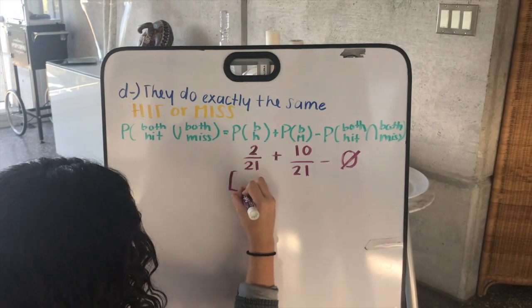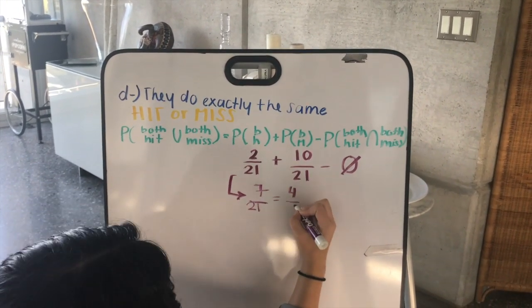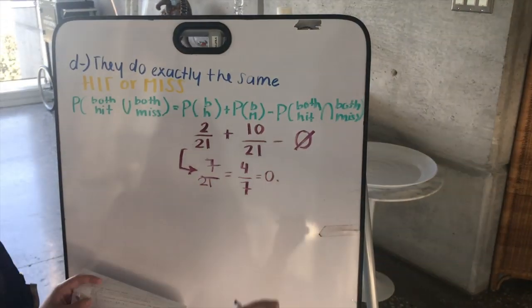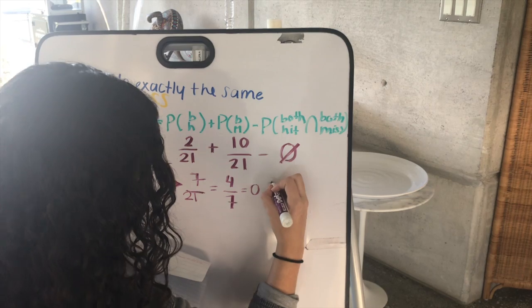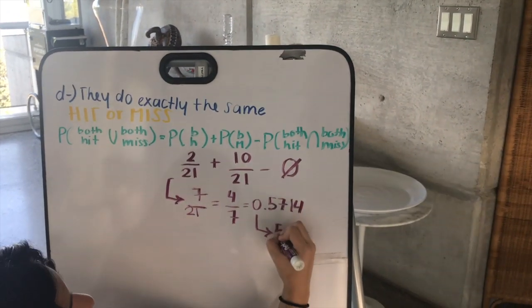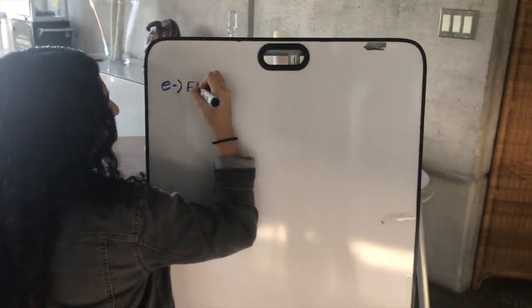That'll give us 2/21 plus 10/21 minus 0, which is 12/21, simplified 4/7, multiplied by 100, it'll give us 57.14%.